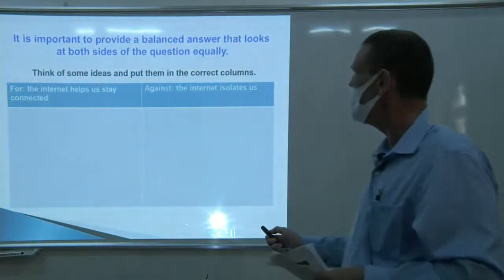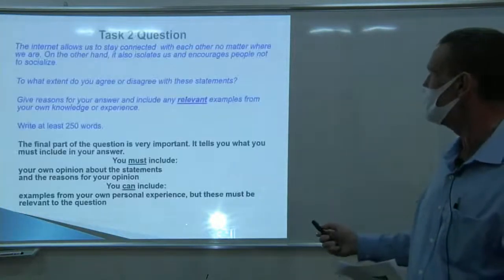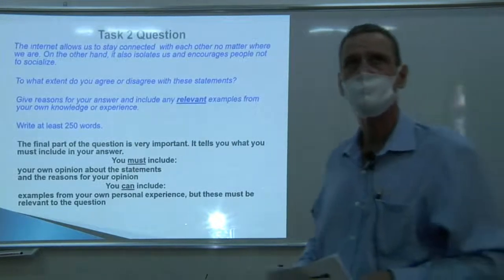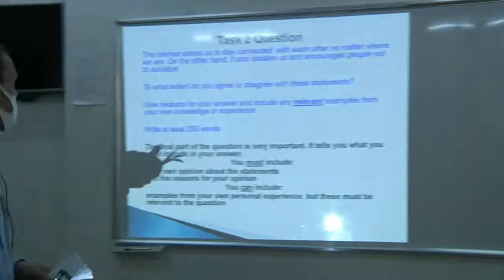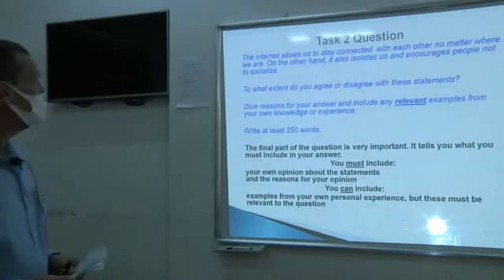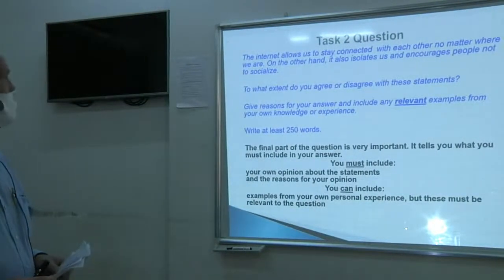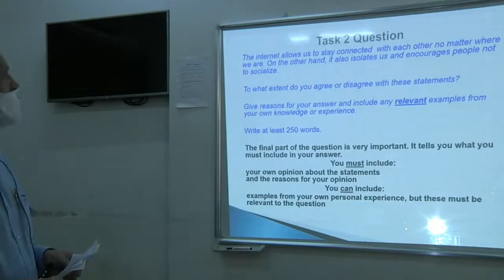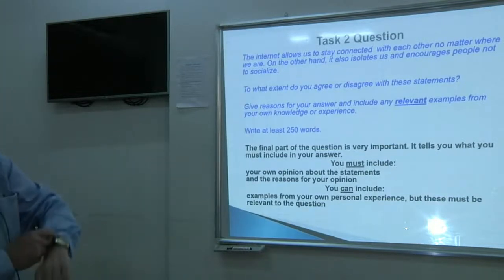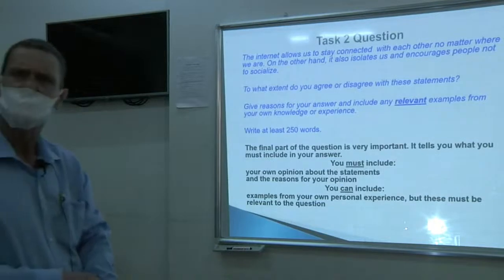So again, your homework for tonight. Task 2 question. You're going to write 250 words. Make sure you get this written down. The internet allows us to stay connected with each other no matter where we are. On the other hand, it also isolates us and encourages people not to socialize.